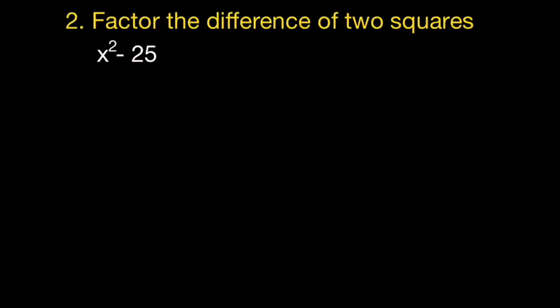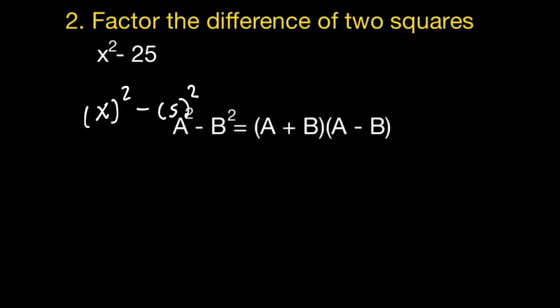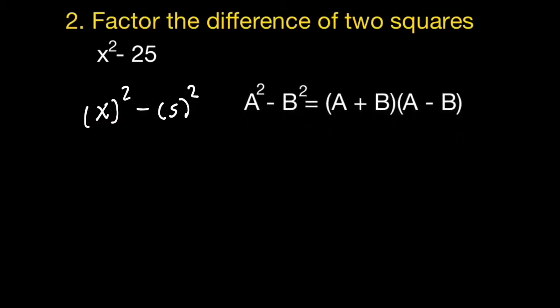Rewriting this, we get x squared minus 5 squared. Now we have the difference of squares form, meaning that we can apply this special factorization. Using it as an outline, we can see that x squared minus 5 squared will factor out into x plus 5 multiplied by x minus 5.